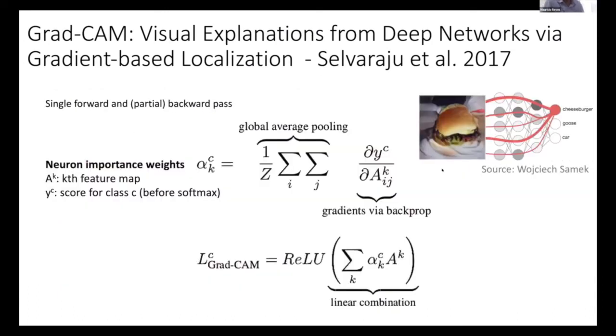We analyze the gradient. So remember, we have this neural network architecture, and we are going to analyze the flow of information from the output into the inside. We are going to go per layer and also per neuron. So that's this double sum you see here.